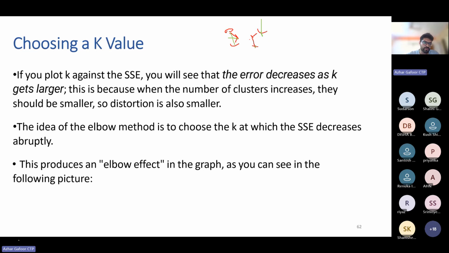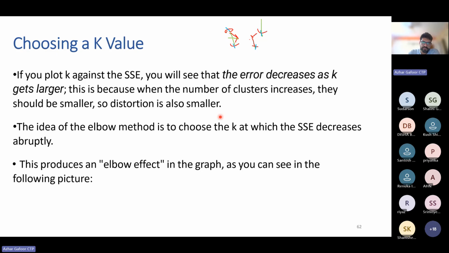Now, if we use 4 centroids for 4 points, we can keep our centroids on the points and the SSC will be 0. So increasing the number of k will reduce the SSC drastically. But in most cases, the points are not 2 or 3 or 4. They will have a lot of points. But still, if we increase the number of centroids, the SSC will reduce.